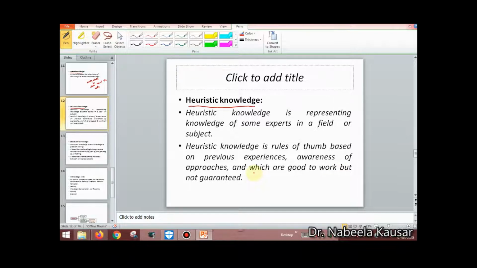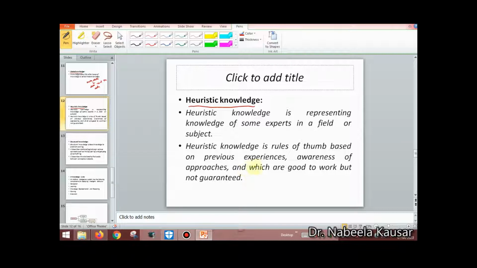So heuristic knowledge is the knowledge of an expert person in the field, based on previous experience. It may tell some rules, some solutions to problems, and that solution may work or may not.